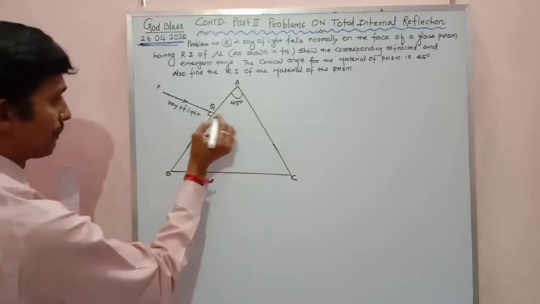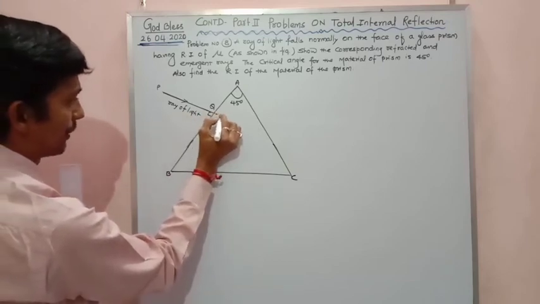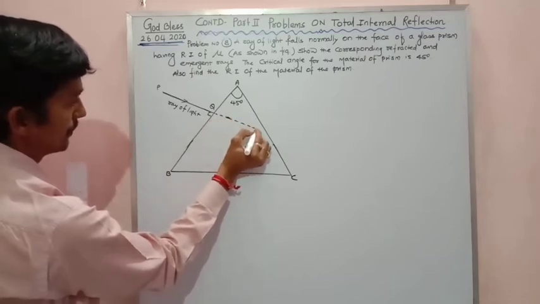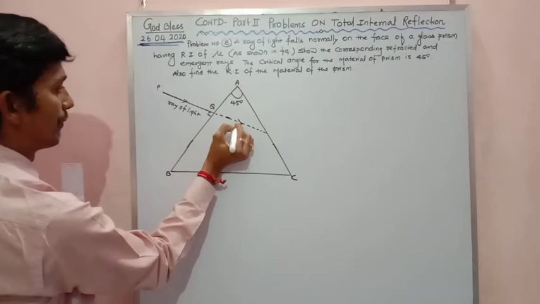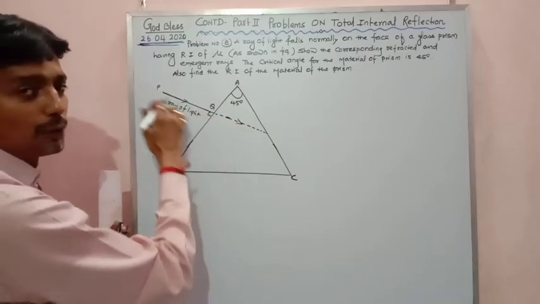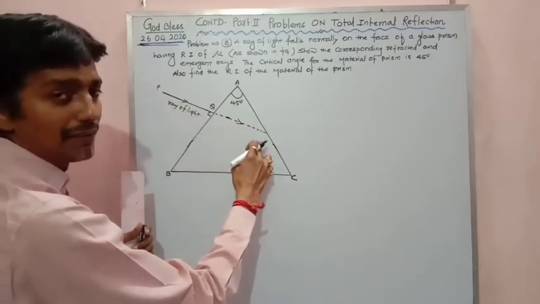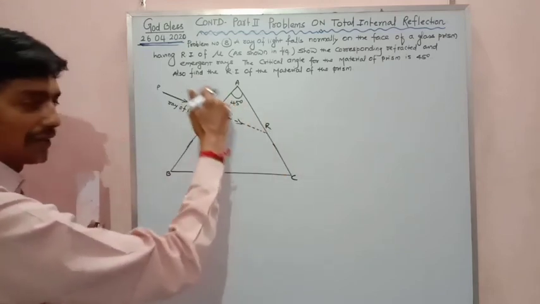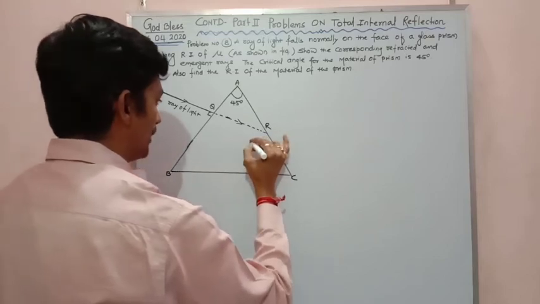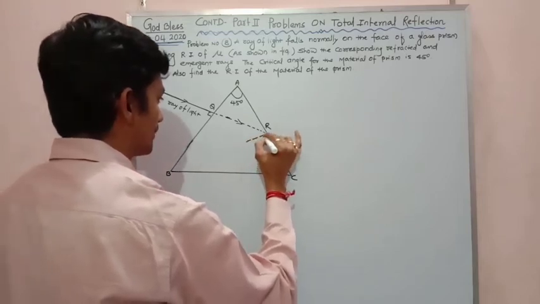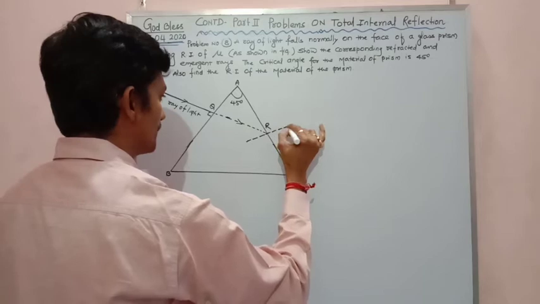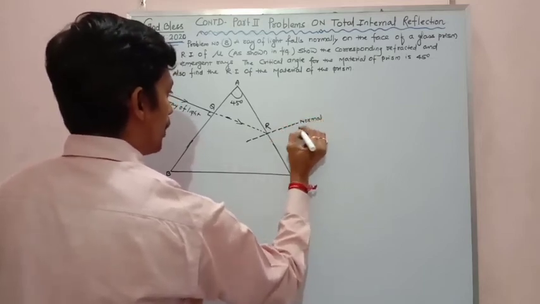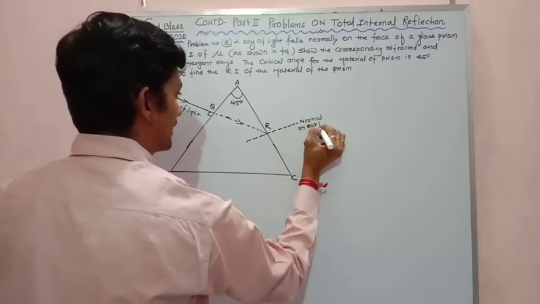So my dear, when we complete the path, the ray of light goes straight and will fall. It will go straight because the ray is falling normally. So after refraction, the light travels straight, say along QR. Here, my dear, I have drawn the normal on this surface. This is the normal on surface AC.